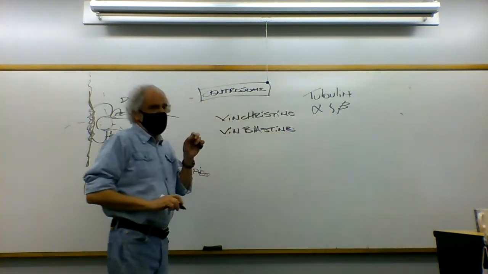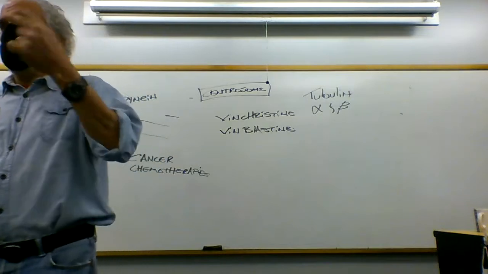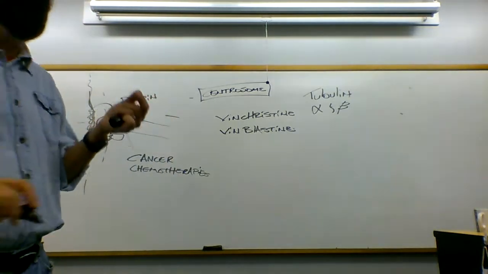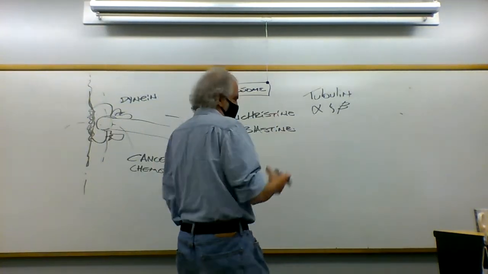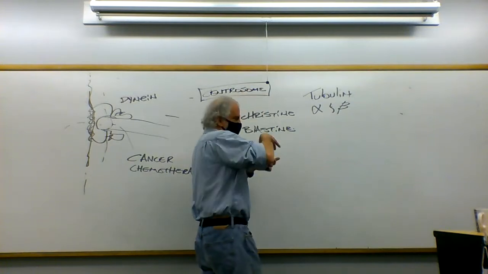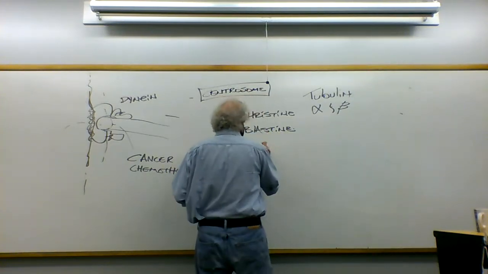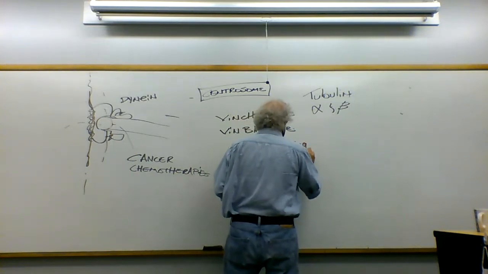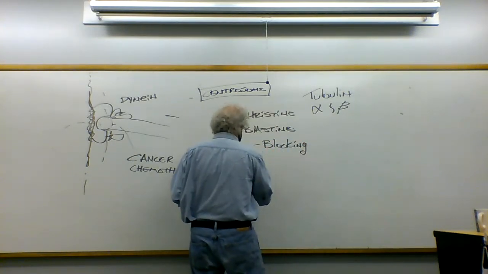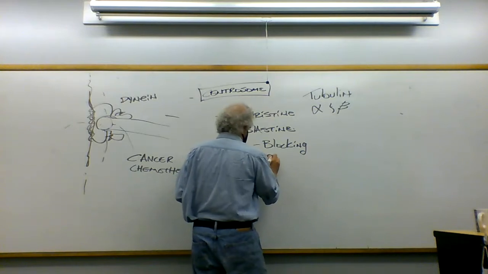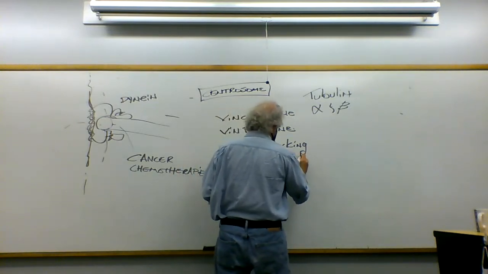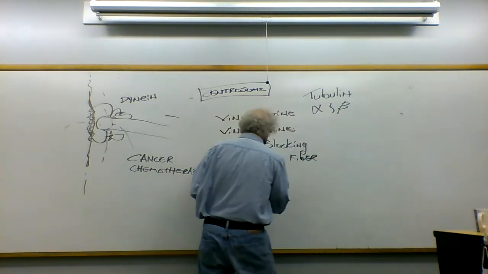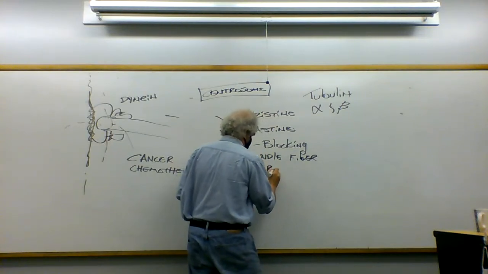And these are inhibiting the assembly of spindle fibers. They're binding to the microtubule, the tubulin monomers, and what they're doing is blocking spindle fiber formation.